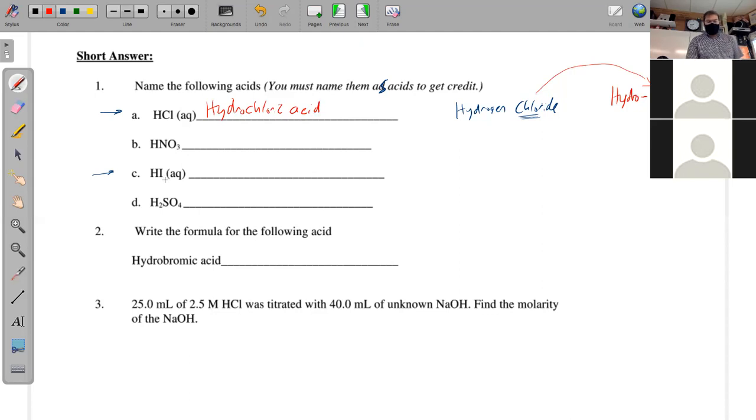And similarly, HI, I is for iodine. There's this iod, it's the root of the name of the element. So instead of hydrochloric, it's hydroiodic acid.